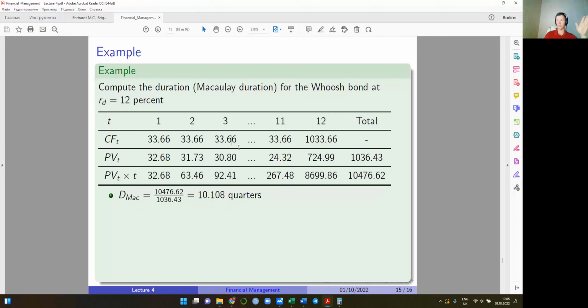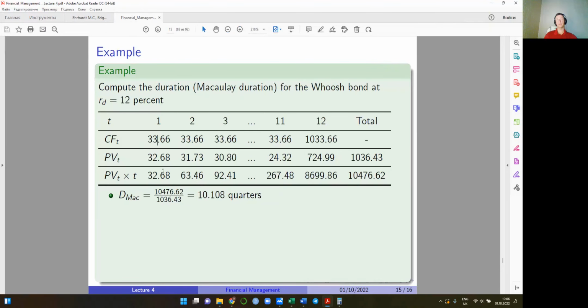So we need to separately take every payment. Here we have a stream of payments. All the time the payments are equal 33.66, for periods 1, 2, 3, 4 up to 11. And in the last period, the payment is 1033.66.